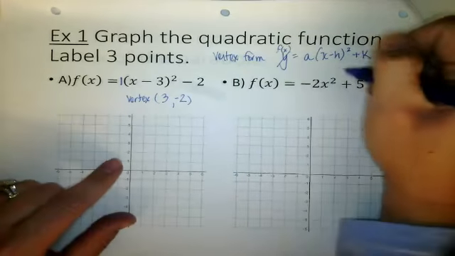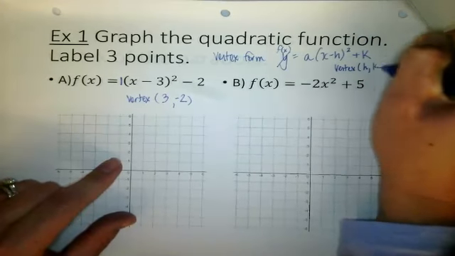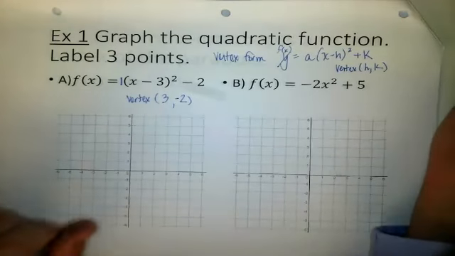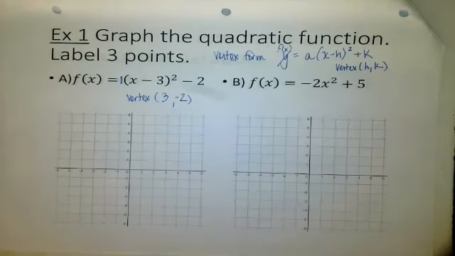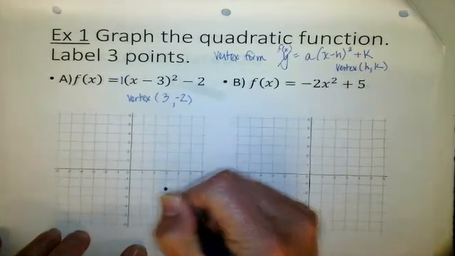All right. Remember, the vertex is h, k. The negative is part of the formula. So we are subtracting the 3. So our vertex is at positive 3, negative 2. So I'm going to label that point.